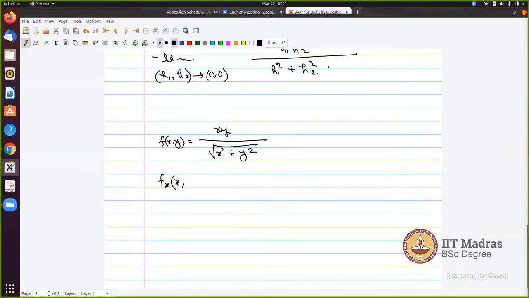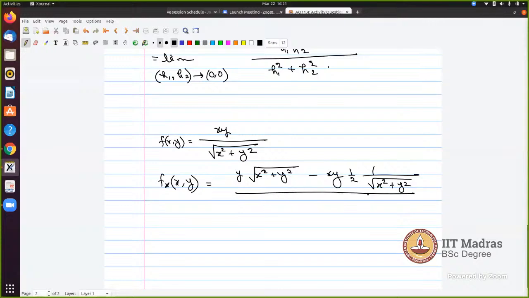So if we want to calculate fxy, so this is y root over x square plus y square minus xy times half times 1 by root over x square plus y square, and this. Is it correct? Yes, sir. Sir, what is after the minus? Here is 2x. Yes. So that is fine. Now this will cancel out.